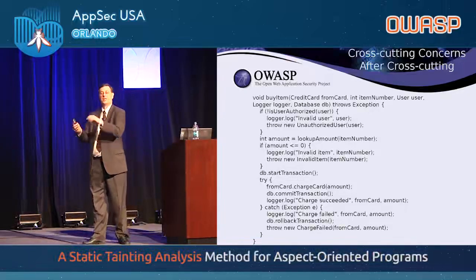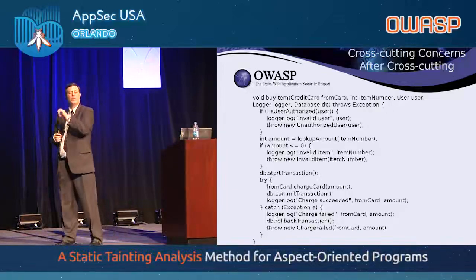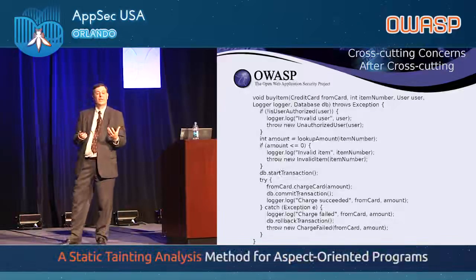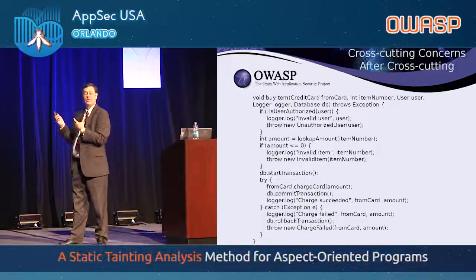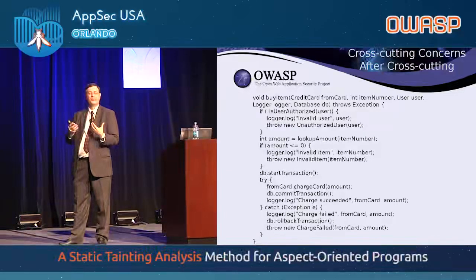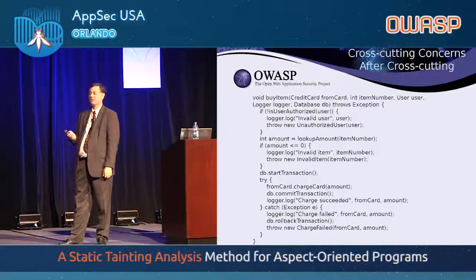I could then use point cuts to say I want to do that authorization logic at all the places where I want to do that authorization logic after the fact. If you use standard naming standards and you use wildcards in your point cuts, it's going to make it easier when you modify the code, because it's going to weave that code into that new function just the way you expect it to.